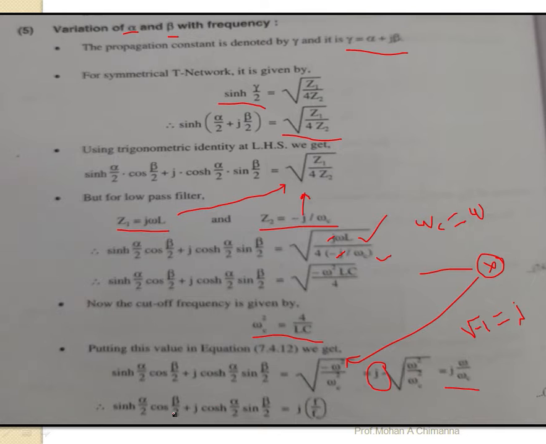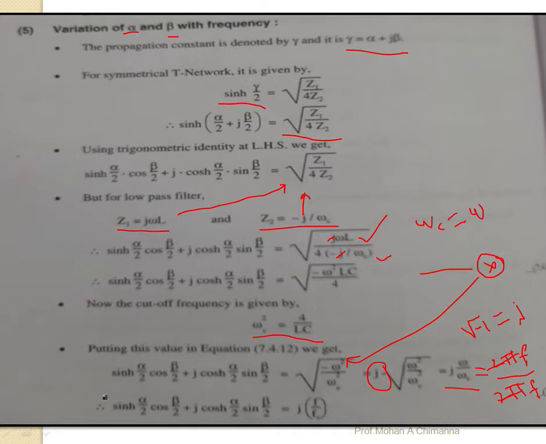So this equation will be formed: sinh of alpha by 2 cos beta by 2 plus j cosh of alpha by 2 sin beta by 2 is equal to j f upon fc, since omega is equal to 2 pi f and omega c is equal to 2 pi fc, so the 2 pi cancels and we get f upon fc.